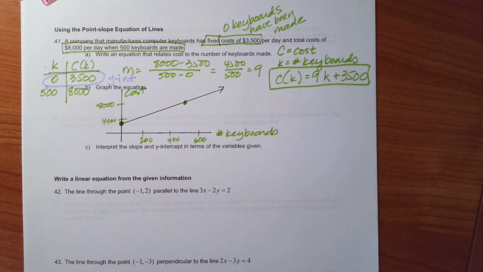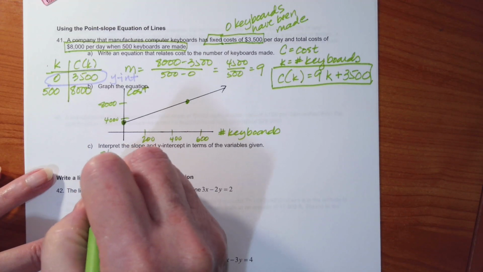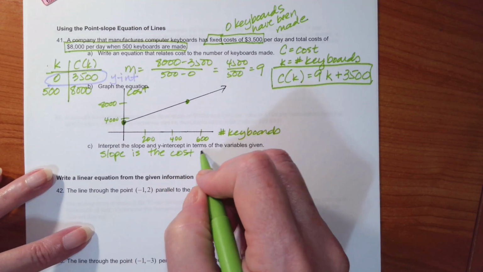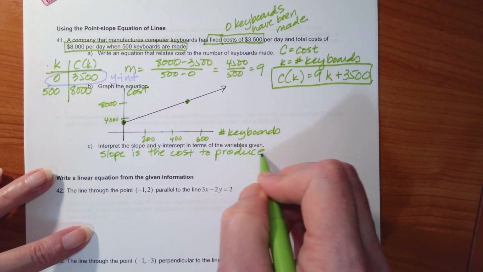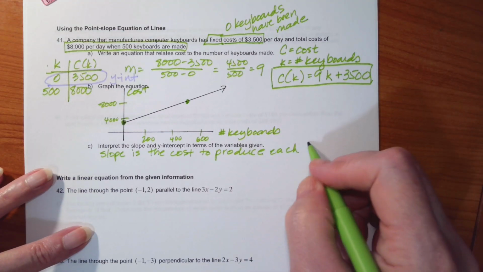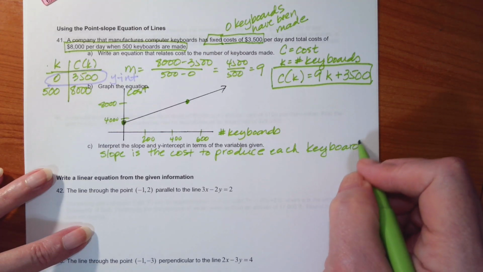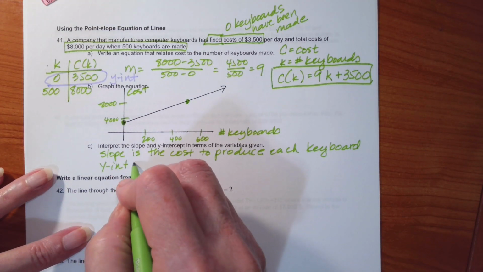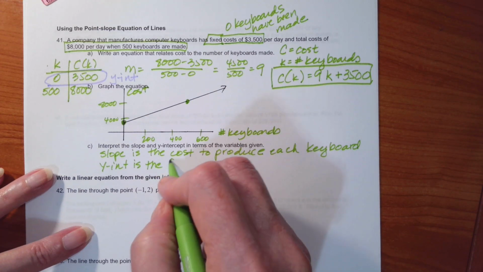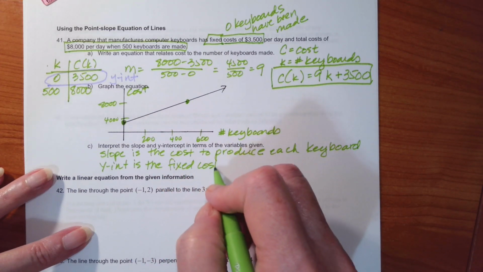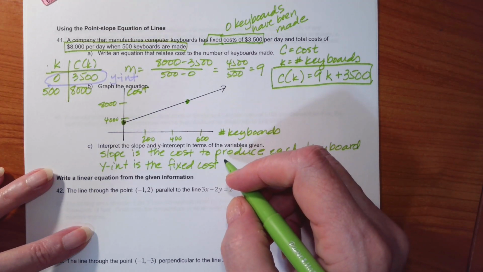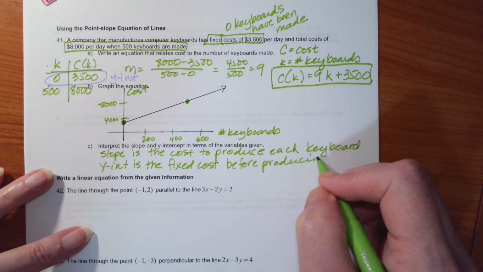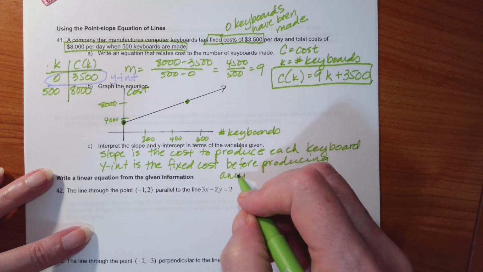Okay, well, we kind of already did that, but the slope is the cost to produce each keyboard, and the y-intercept is the fixed cost before producing any keyboards.